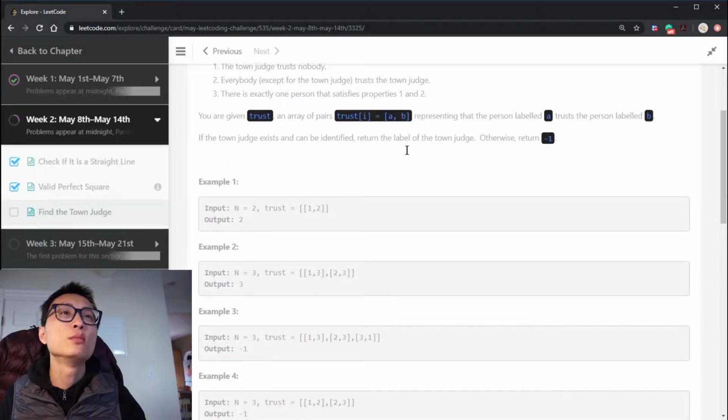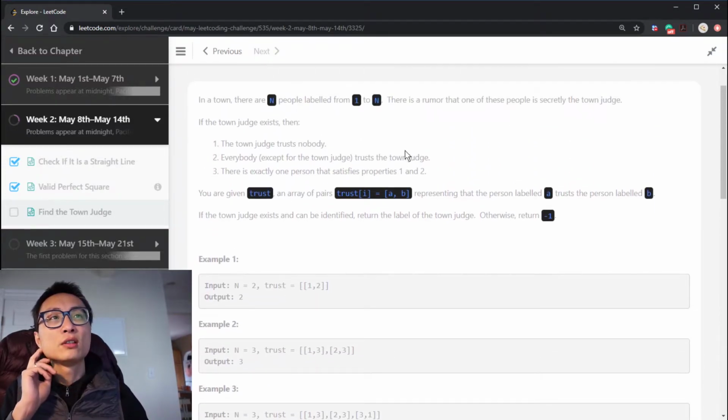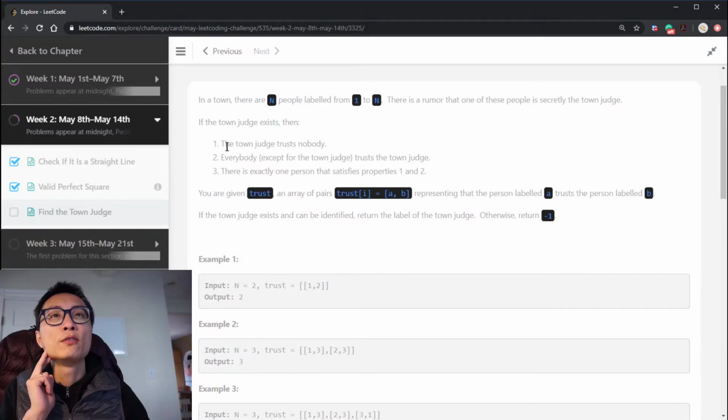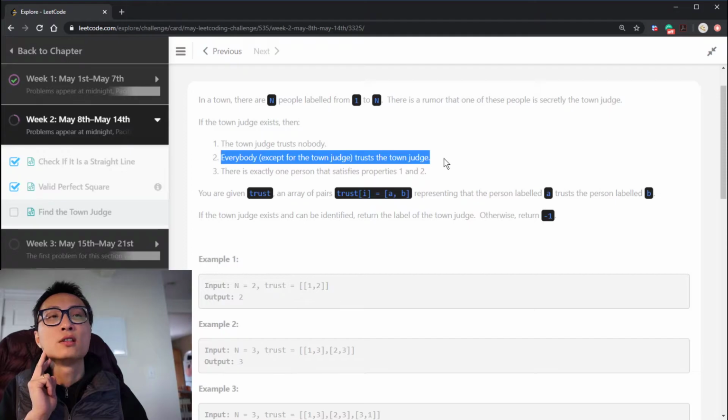We'll be given an array of pairs, where each pair means person A trusts person B. So that's the input. If we think about this as a graph, everybody here is a node, so we have n different nodes. The first property translates to there being no outgoing edges from the town judge, and the second sentence translates into the town judge node having n-1 incoming edges.